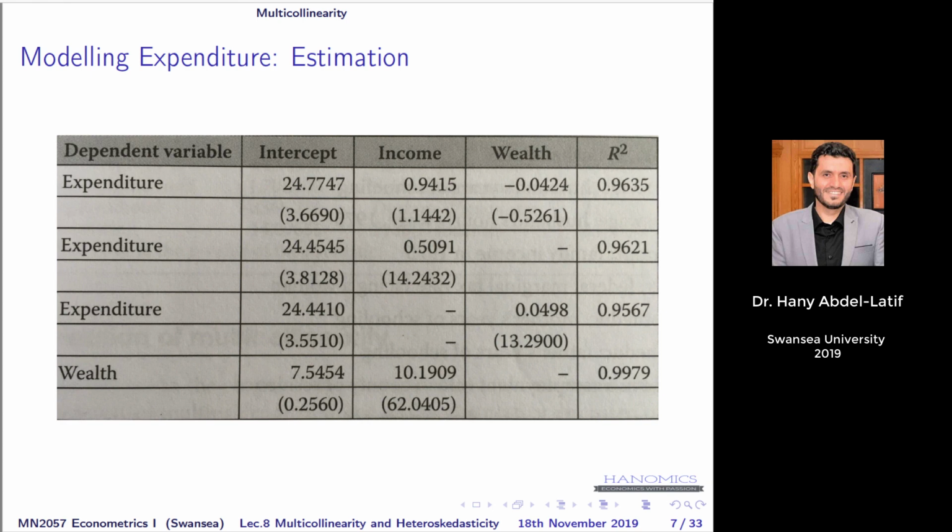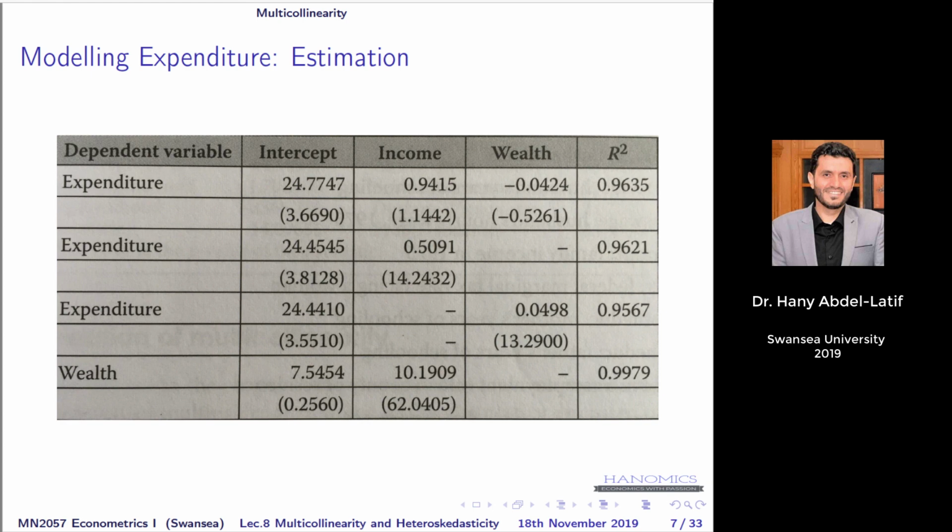The t values underneath these coefficients are very small, so you will fail to reject the null hypothesis that these coefficients equal 0. These coefficients are not statistically different from 0. So my conclusion in this case would be that wealth and income do not determine expenditure, and that's a mistake.